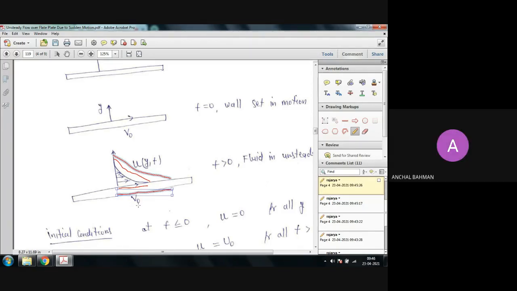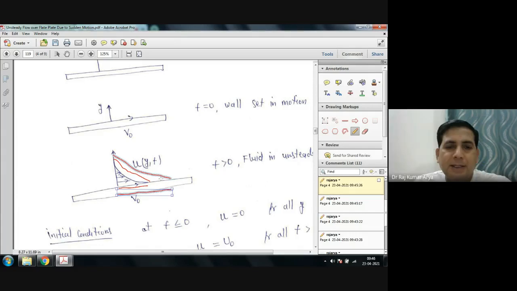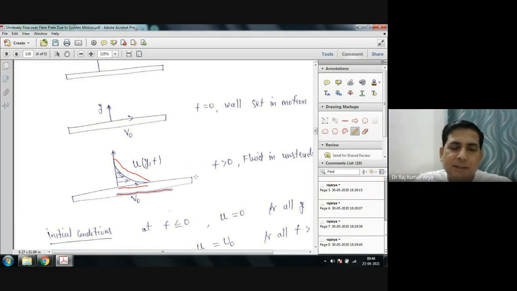So in that sense, this second profile is not at all justified, because it shows that this particular fluid after some time has reached a velocity which is almost twice the velocity of the plate, which is not possible, right? So this part is not there.